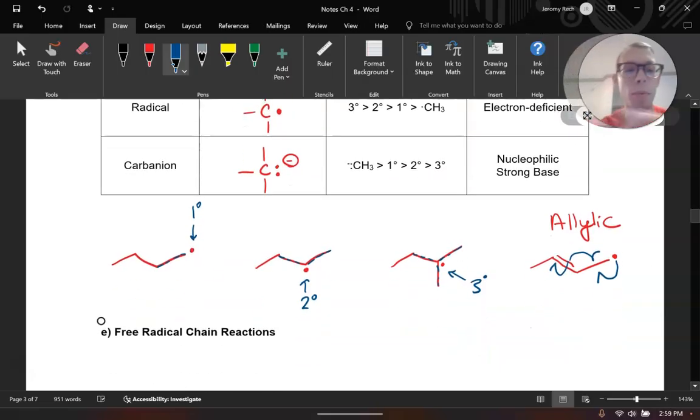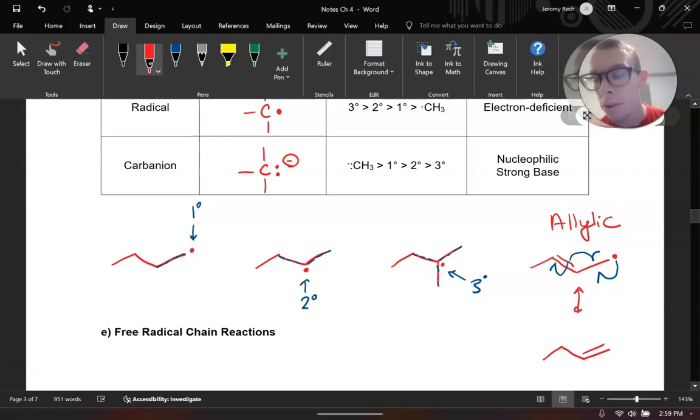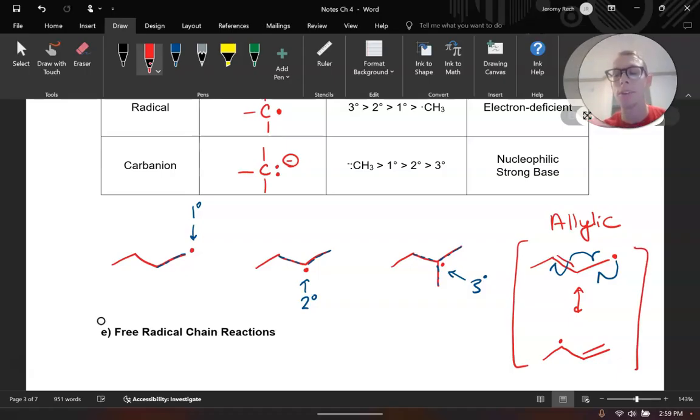Just give myself a little more space. Where I have resonance structures of that radical being spread out across multiple different atoms. Even though that looks like a primary on the top and then a secondary on the bottom, that extra resonance actually makes it even more stable. So in terms of stability of radicals as well as carbocations, primaries not so good.